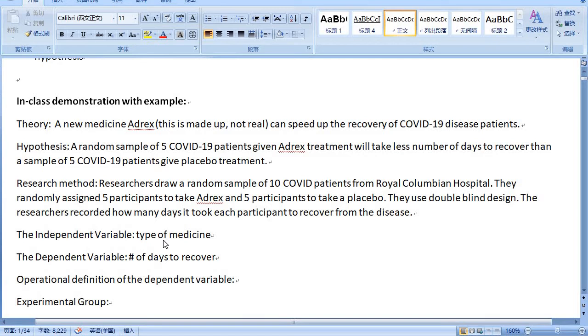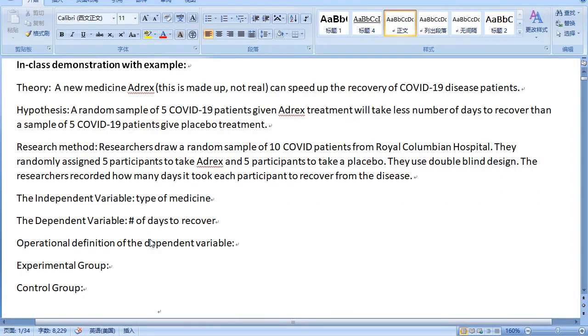We cannot prove a theory, but we can provide evidence for a theory by finding support for a hypothesis derived from a theory. A hypothesis tells you how to design your research.